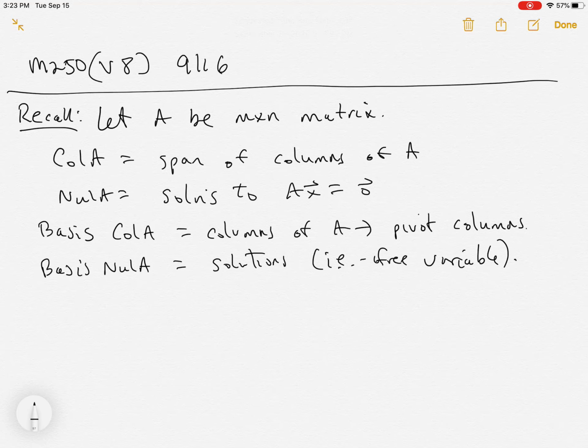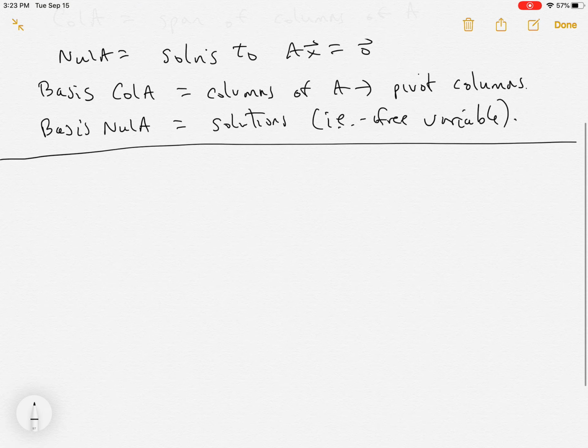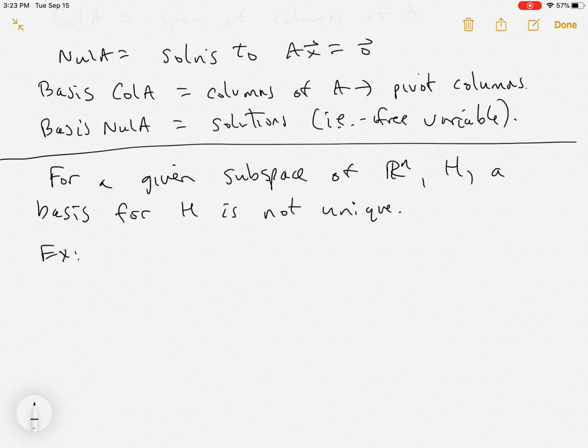Okay, so now we carry on and talk more about bases. So for a given subspace of Rn, which we'll call H, a basis for H is not unique. For example, let's just look at good old R2.